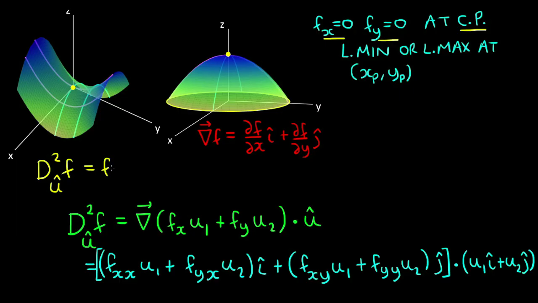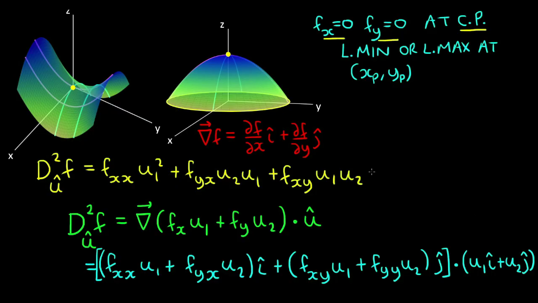So we get the second partial of f with respect to x by u1 squared plus the second partial derivative of f with respect to y and x by u2 by u1, and plus the second partial derivative with respect to x and y by u1. So this second component is multiplied by the second component of the direction vector, so we have u2, and plus the second partial derivative with respect to y by u2 squared.